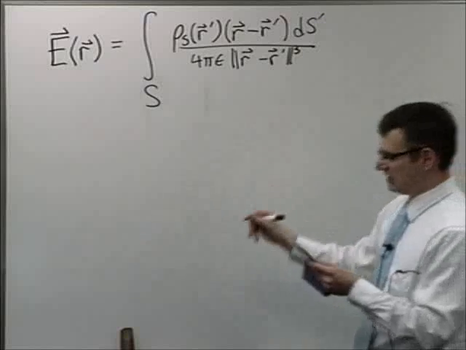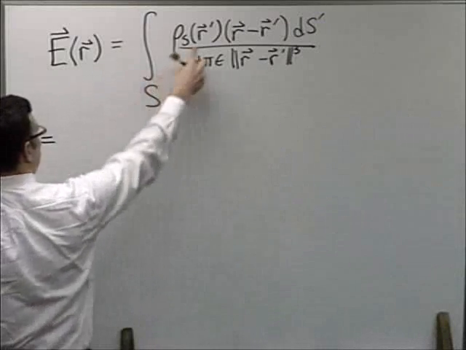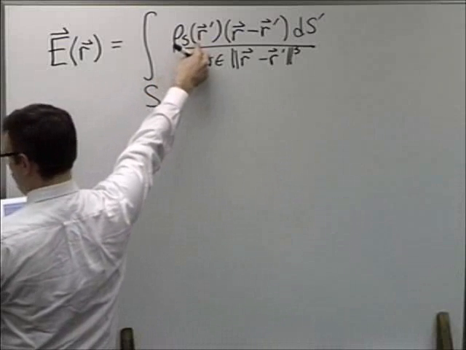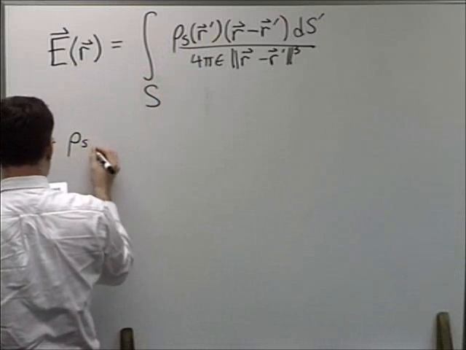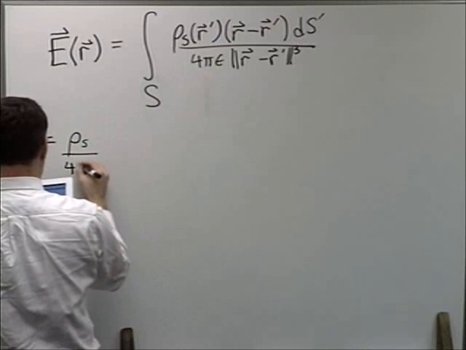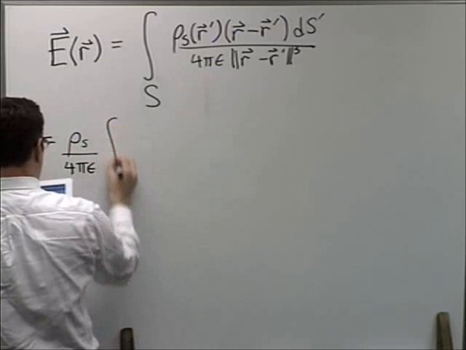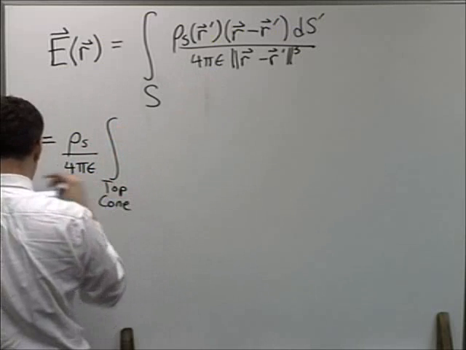Now I'm going to break this apart into a top cone and a bottom cone. I'm going to recognize that this is my rho sub s, so I'm going to pull it out. I've got a constant 4 pi epsilon that's going to pull out as well. Integral, and I'll just put top cone here to denote that's the surface.